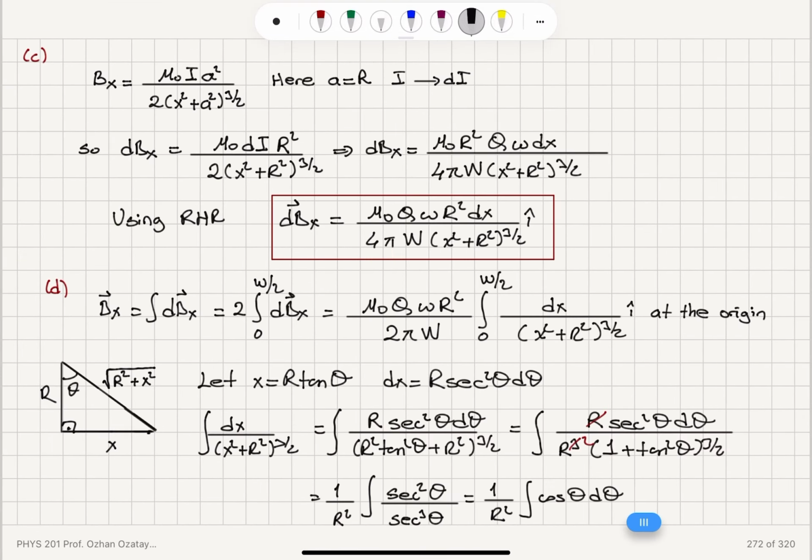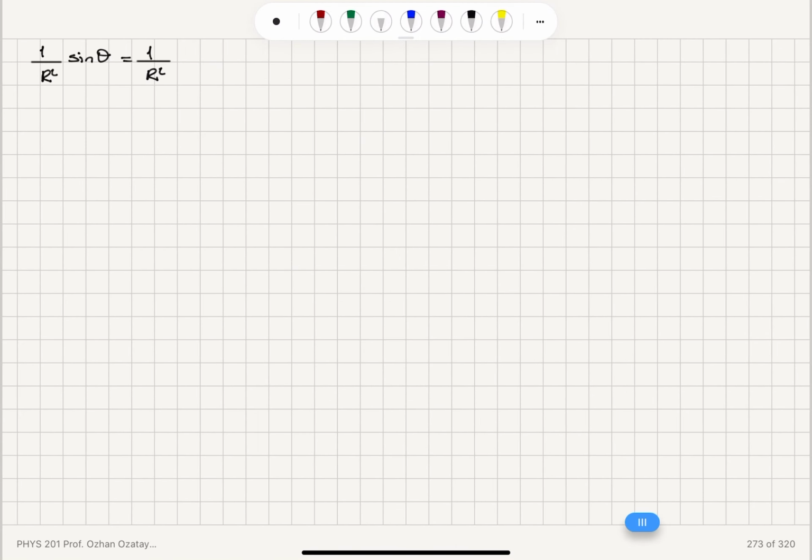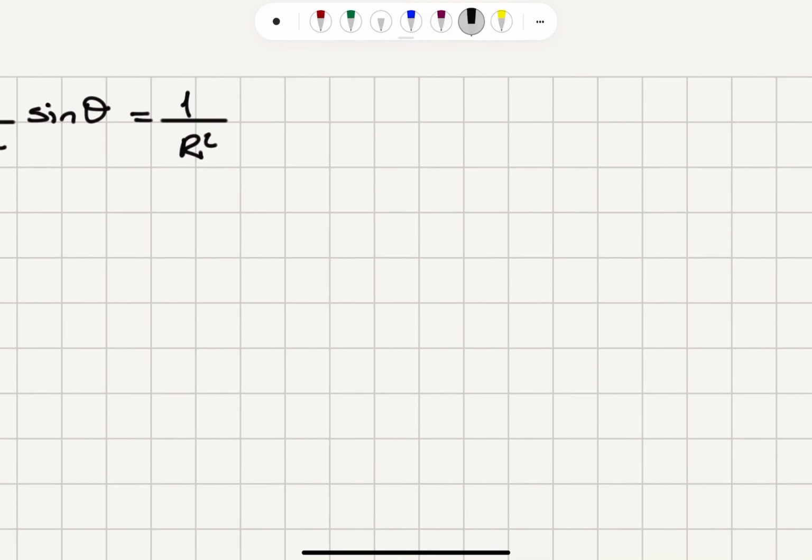What is sine theta from this right triangle? I can see it's x divided by the square root of R squared plus x squared. So this is x divided by the square root of x squared plus R squared.